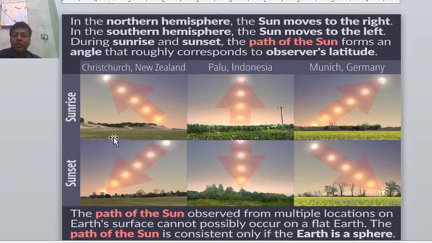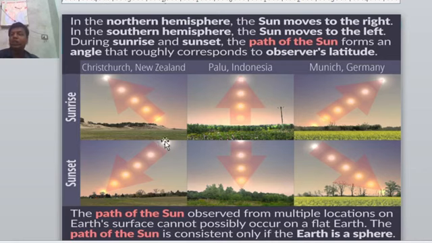Dear students, look at this picture. In the middle, we have the place of Indonesia, Palu. That means it is a place on the equator. This is New Zealand, a southern hemisphere place, and Germany, a northern hemisphere place. Look at the scenario of the sun, the variation, the slant.